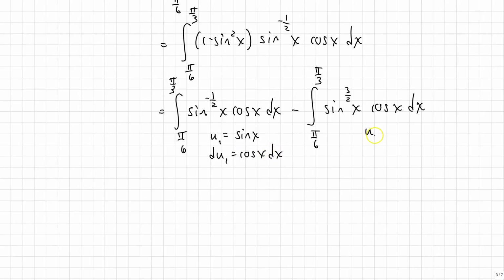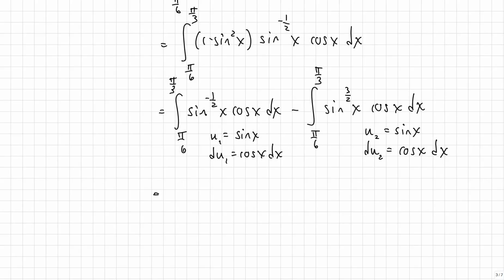We can do the same thing for the other integral. So now we can just do a basic u substitution. Alright, so we make that u substitution, so we'll have u to the negative 1/2, and then we'll have u to the 3/2, and then du will be the cosine.